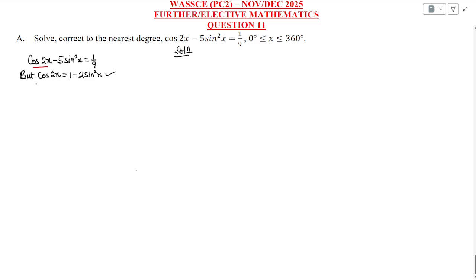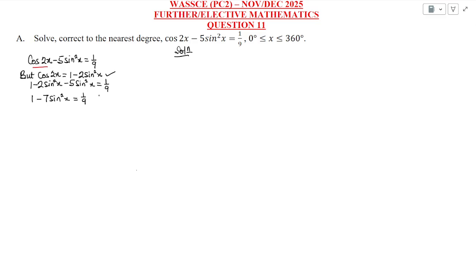So we replace that, and that gives us 1 minus 2 sine squared x, then minus 5 sine squared x again, and this gives us 1 out of 9. Simplifying the like terms, I have 1 minus 7 sine squared x equals 1 out of 9.